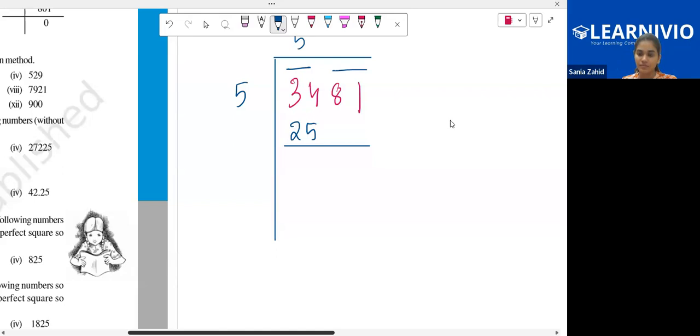Yes, Rida, what is 34 minus 25? 9. 9. Then what you will do? Ma'am, then we will carry this 81 down. Now we also double this number, you get 10. And one number you have to write over here such that you get 981. So which number can I add?